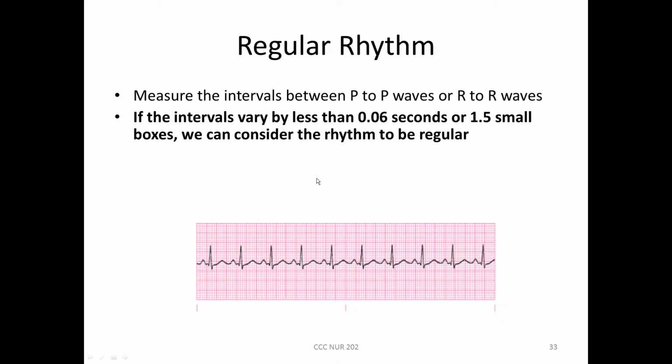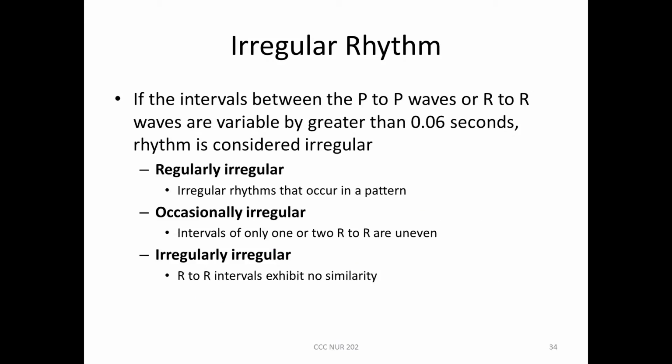If the intervals vary by less than 0.06 seconds, or 1.5 small boxes, we consider the rhythm to be regular. For an irregular rhythm, the intervals of the P to P or R to R waves vary by greater than 0.06 seconds, and then it's considered to be irregular. But then you can go on to further define irregular. There's regularly irregular, which is irregular rhythms that occur in a pattern.